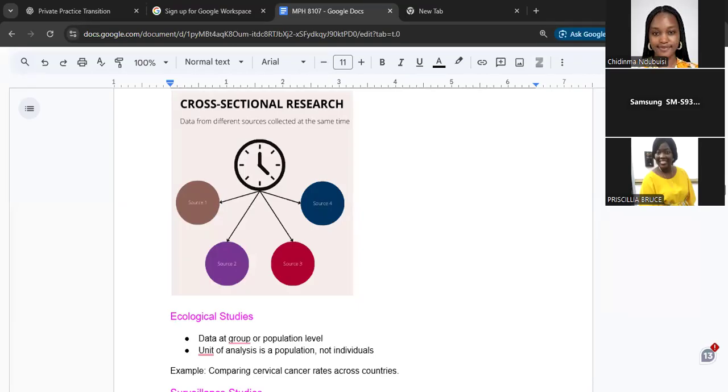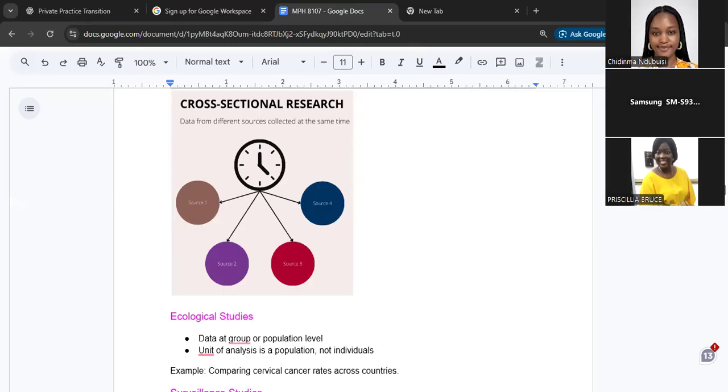So a cross-sectional descriptive study is where you go into the field or wherever your study area is, and you collect data to know who are the people that have this thing, and who are the people who don't have it. That's what you're interested in.